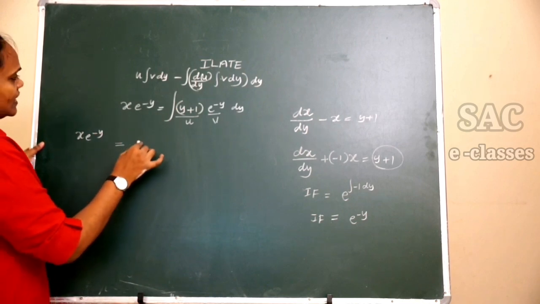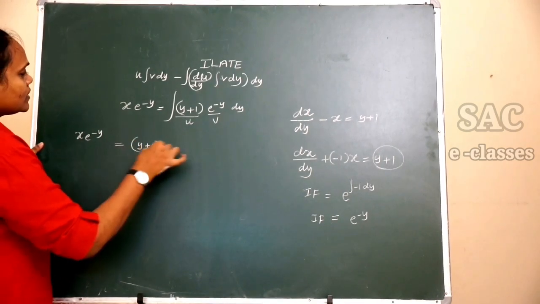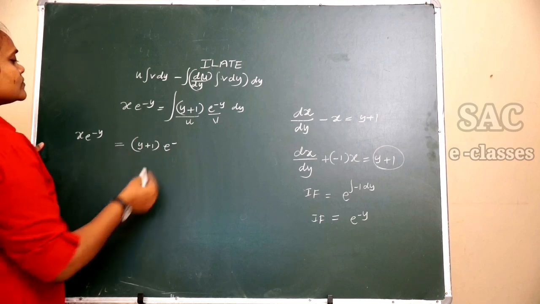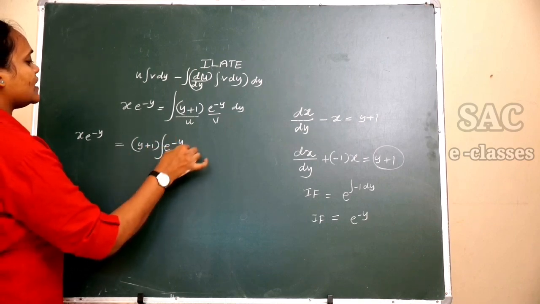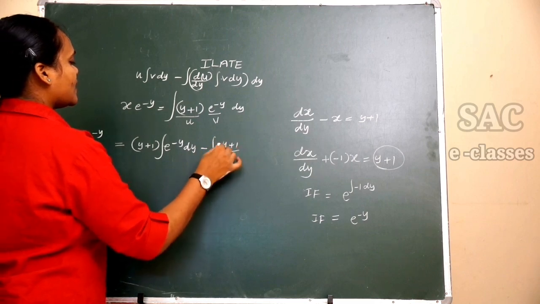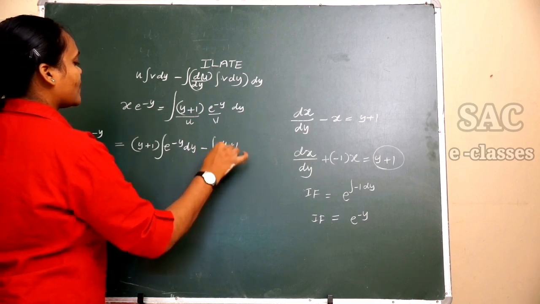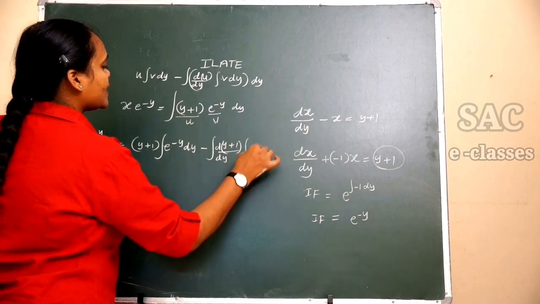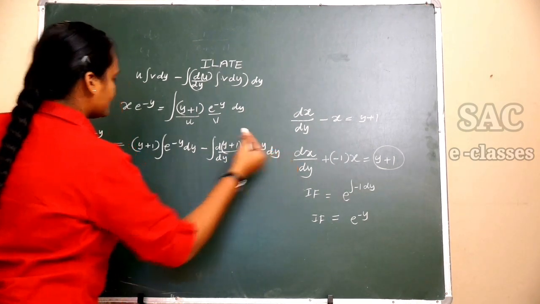So here I can write, (y + 1) into the integral of e to the power minus y dy, minus the integral of the differentiation of y plus 1 and the integration of e to the power minus y dy.